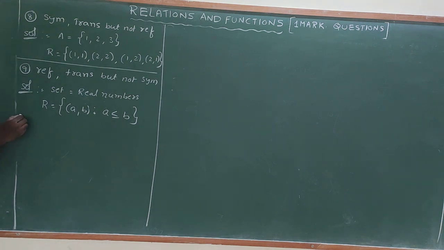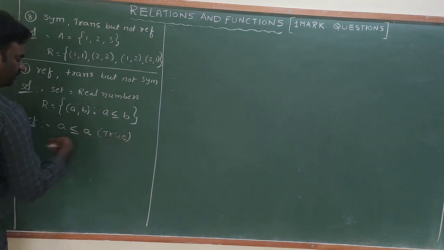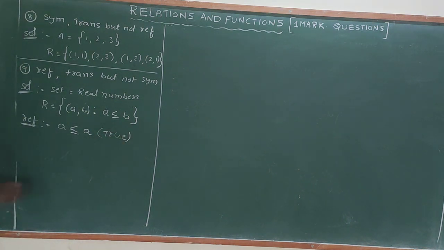Because to check the reflexive condition, we need to write both values the same. Therefore, the condition is A less than or equals to A. This statement is true. Therefore, A comma A belongs to R. If A comma A belongs to R, then R is which relation? Reflexive relation. Next, I will check symmetric.